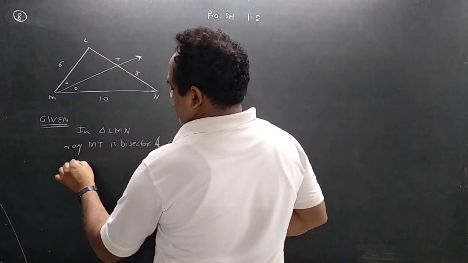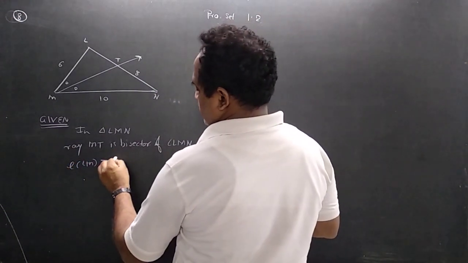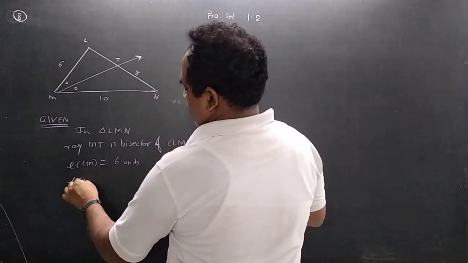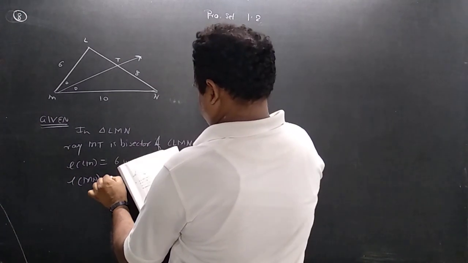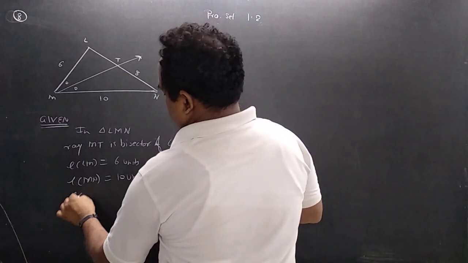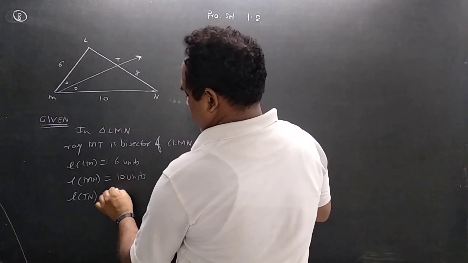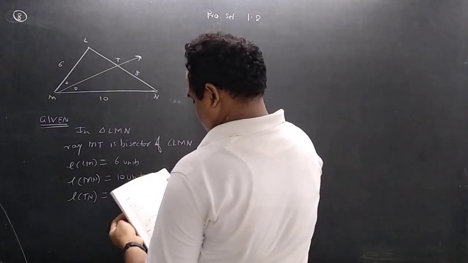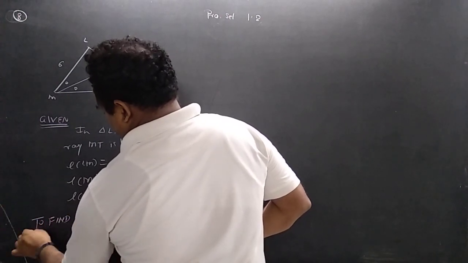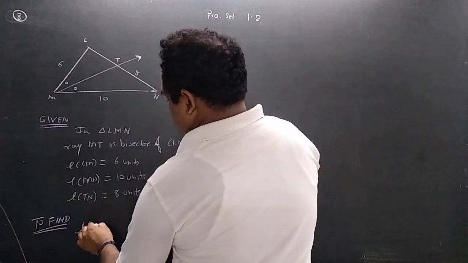Length LM is equal to 6 units. Length MN is equal to 10 units. Length PN is equal to 8 units. And what to find is length LP.